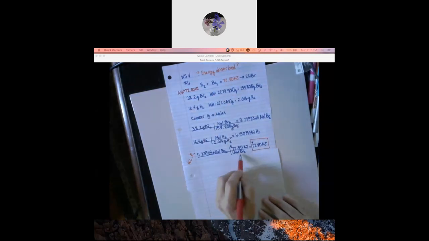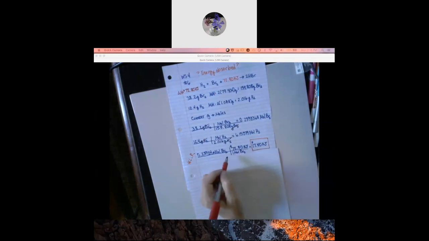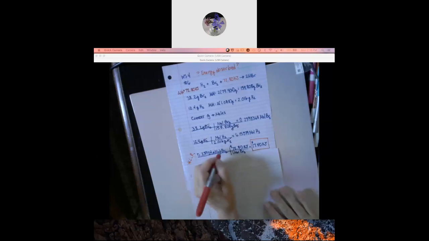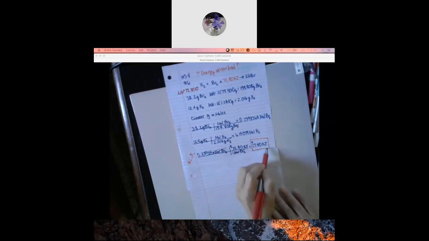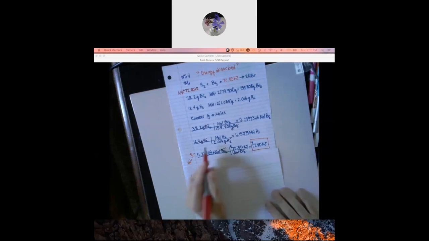So 1 mole of bromine will require 72.8 kilojoules of energy in order to make the chemical reaction progress to products. So converting, I know I did it right because I can cancel out the moles and I'm left with the kilojoules, which is what they asked for. So this is how many kilojoules would be produced from this many moles of bromine.